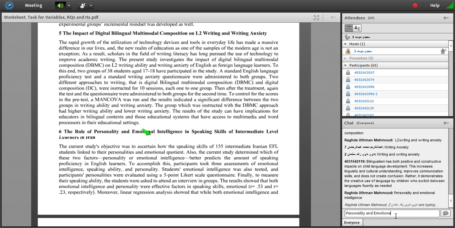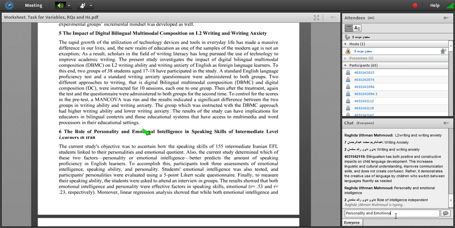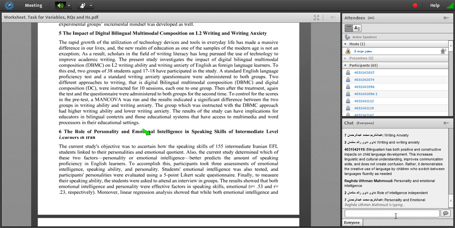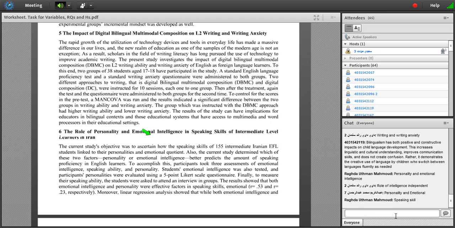Personality and emotional intelligence. Exactly. The role of emotional intelligence and personality. What about the dependent variables?